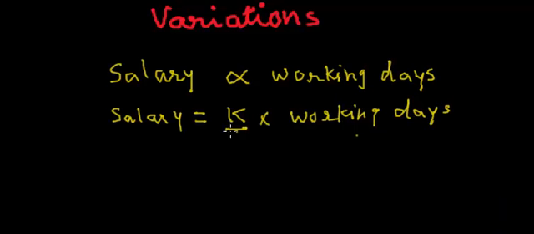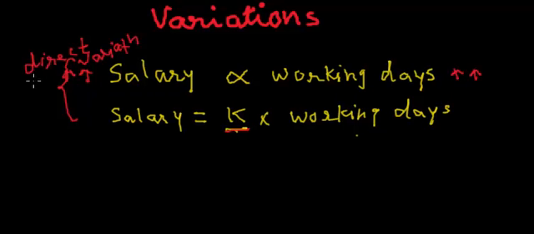This can also be understood as, if a person wants more salary, he has to work for more days, right? Or if a person works for more days, he will get more salary, right? So both these terms are interdependent. In this particular case, the variation is direct. So this is called direct variation, where both the quantities vary in the same fashion.